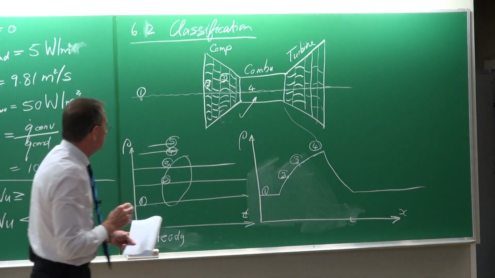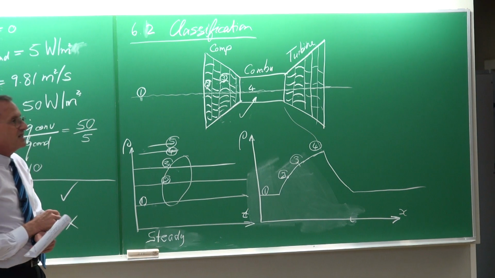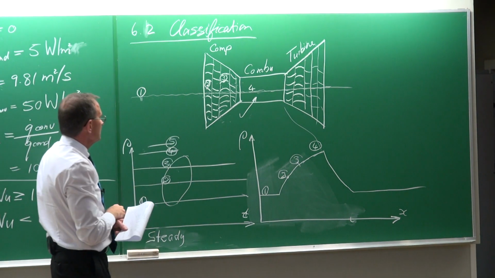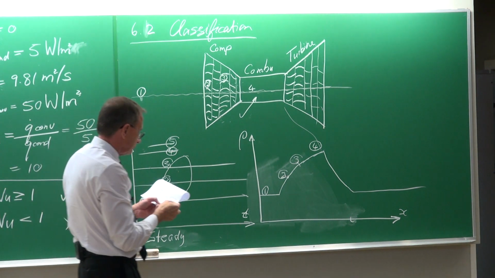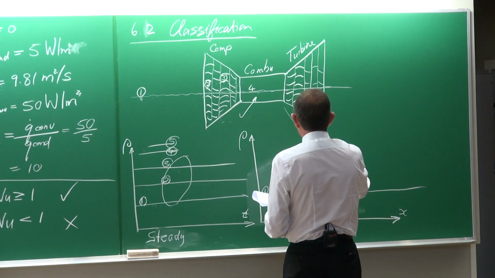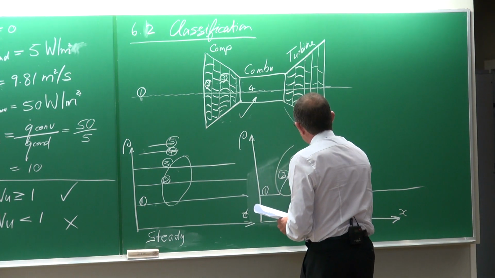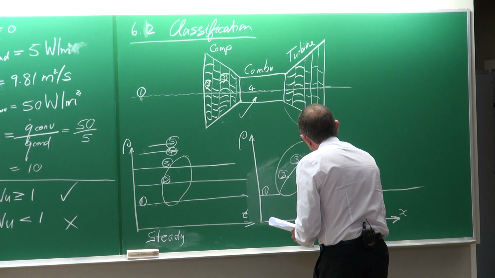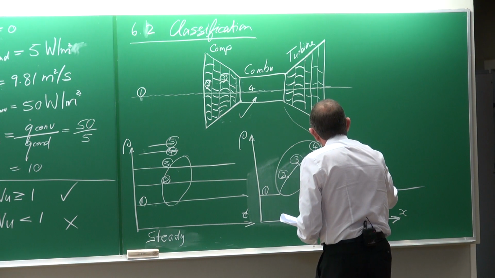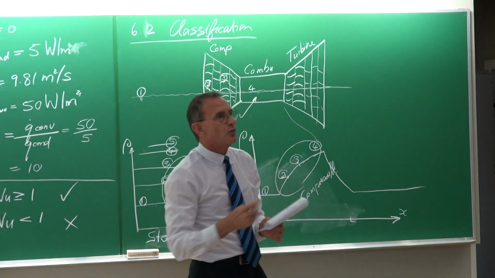Okay. So it is steady flow if we consider the density at any specific time. If we look at this, we are going to say this flow is compressible. Because we can see how it is being compressed.